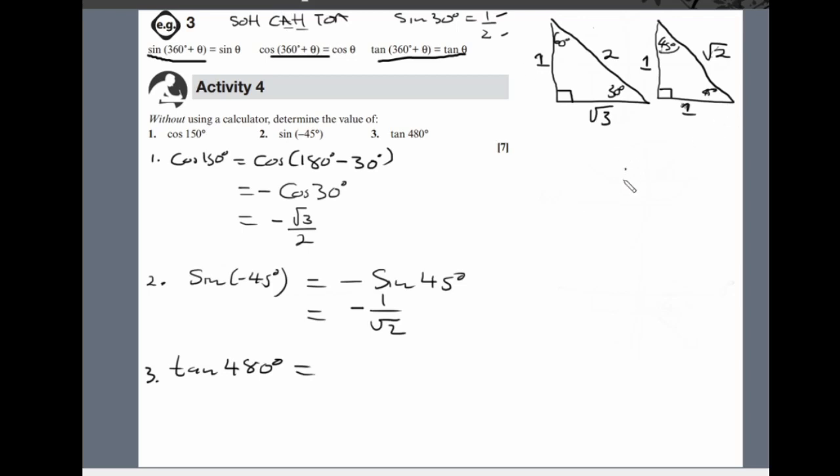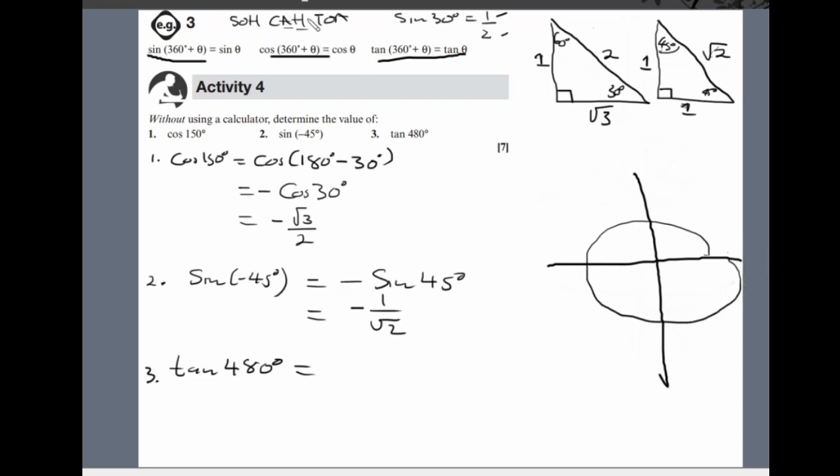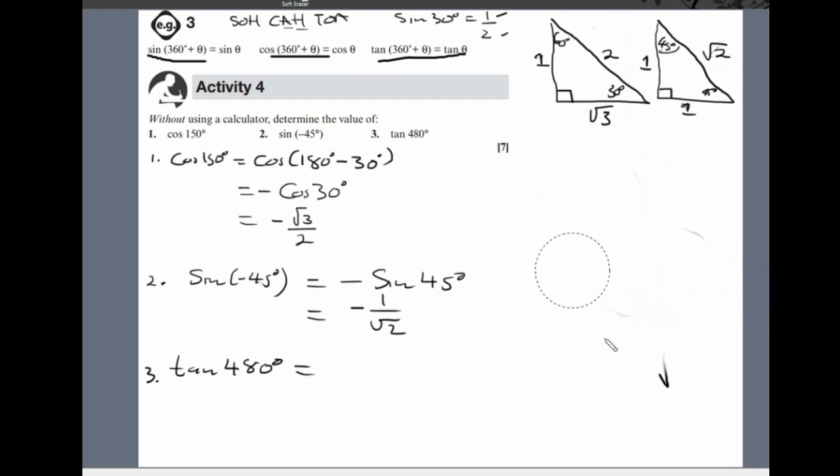If you start from 0 and move 360 degrees anti-clockwise, here you are at 90, here you are at 180, here you are at 270, and then a complete cycle at 360 degrees, right?